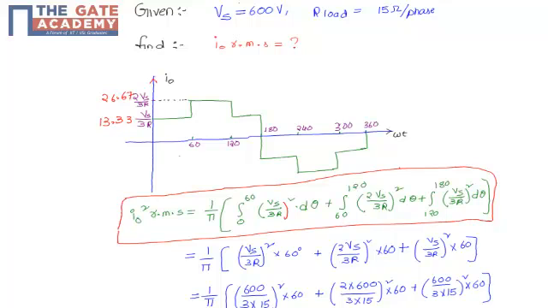Then we know the supply voltage Vs is 600 volts and the resistor is 15 ohms. With 1 by pi, the integration becomes (Vs by 3R) square into 60, plus (2 into Vs by 3R) square into 60, plus (Vs by 3R) square into 60.